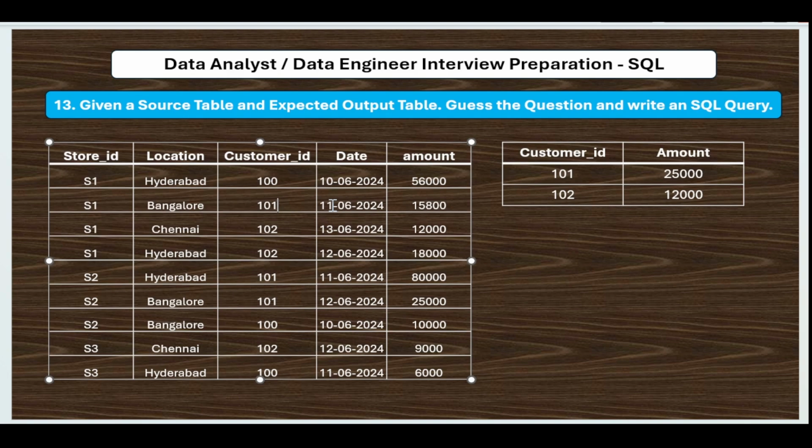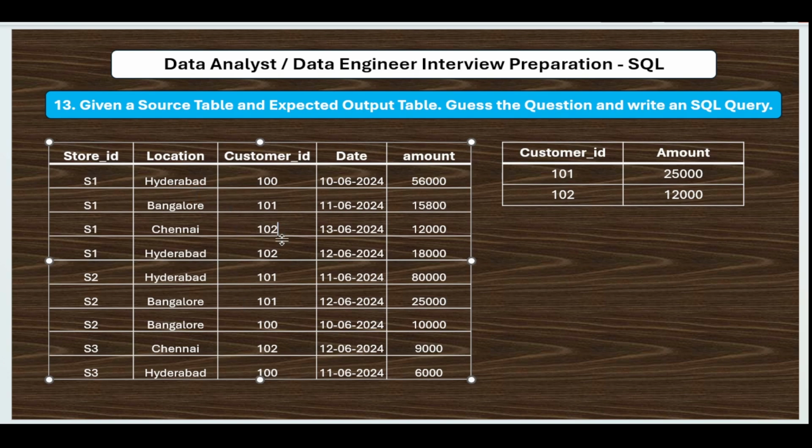So customer 101 did a shopping in Bangalore two times: one is one day before, and the next is after that date. So you are returning this value as the second day of his shopping. The first day he shopped in different locations, and the next day he did one more shopping in the same location.